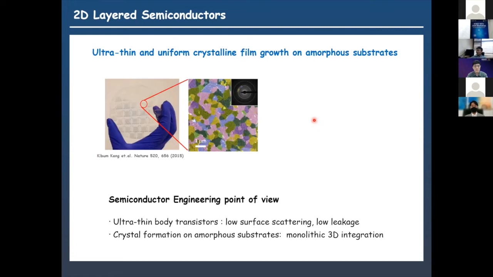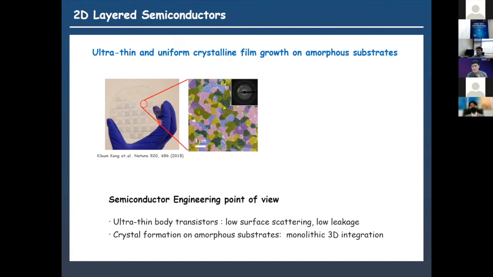that the layered materials are intrinsically crystallized well, even on an amorphous surface. Imagine, I have never seen a 1 nanometer thick semiconductor material that can be uniformly grown over wafer scale on an amorphous surface without a crystalline wafer.